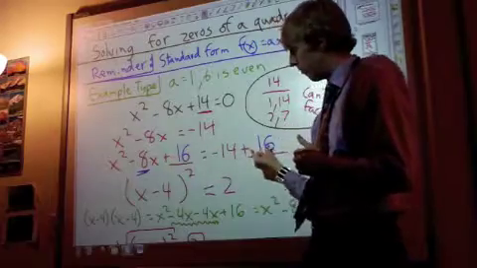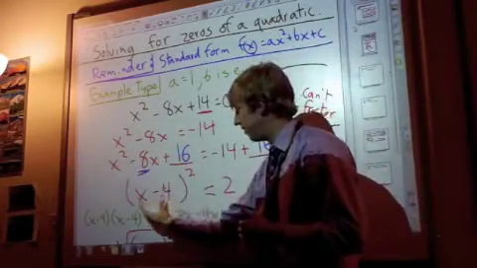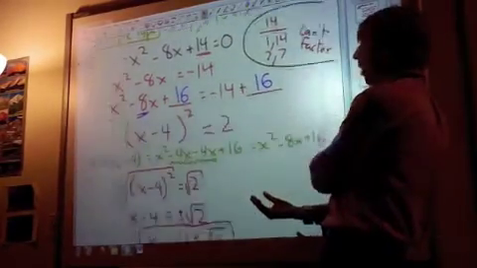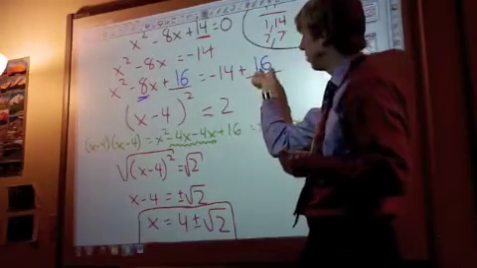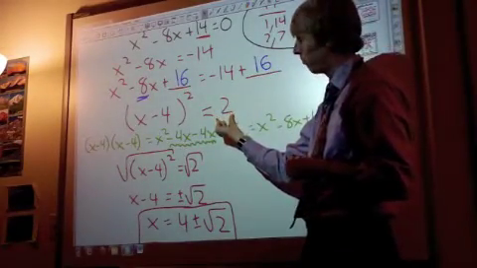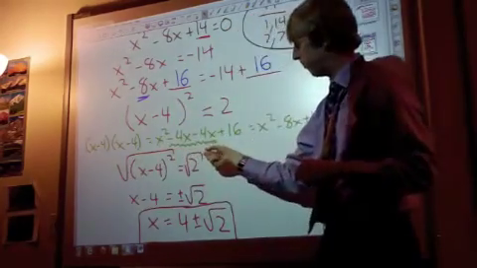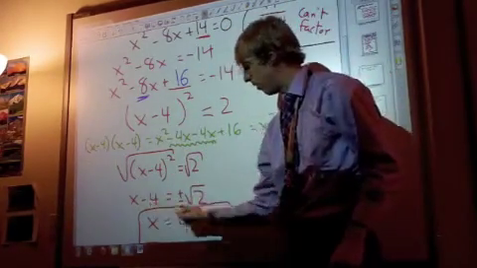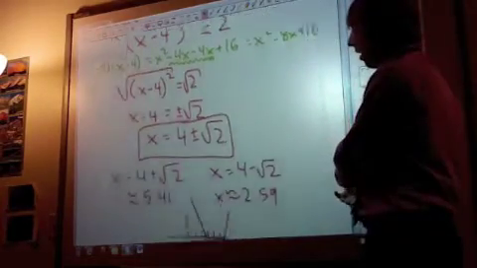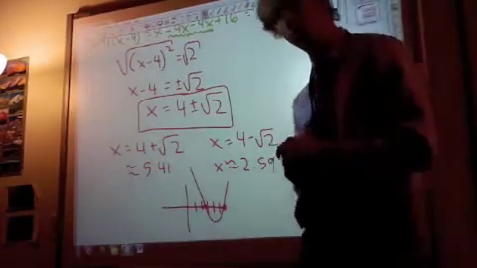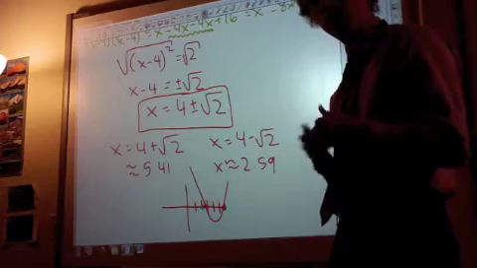That makes it equal. Remember, this condenses down to that (x - 4)^2. Negative 14 plus 16 is a 2. When you're solving, to get rid of the square, you square root. And to get rid of the minus 4, you add it over. And that helps you find your zeros for a quadratic, even if you can't factor.